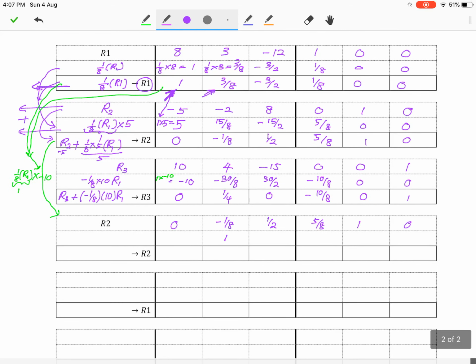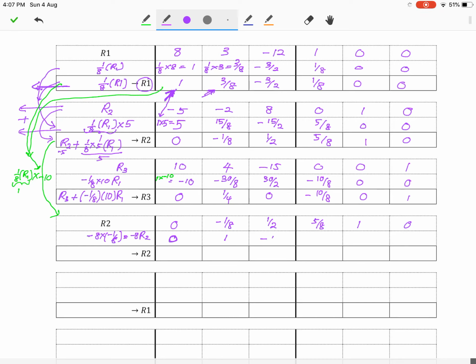So what is the easiest way to do that? Negative 8 multiplied by negative 1 over 8 will give me 1, which is equivalent to saying negative 8 multiplied by R2. So if I do that, 0 multiplied by negative 8 will give me 0.